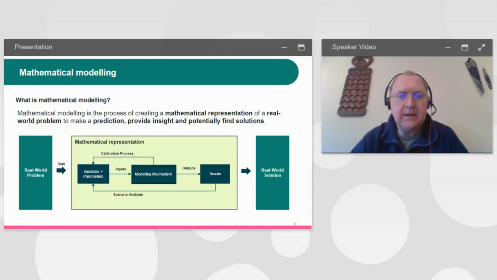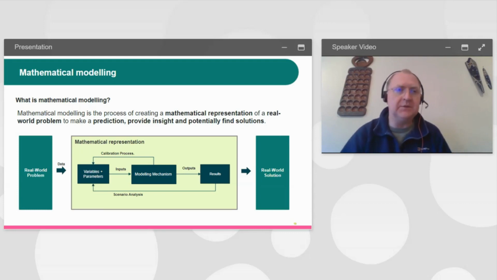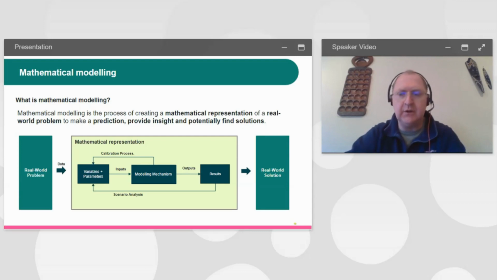But once that has been achieved, you then have a quite powerful tool that can be used to look at various scenarios. If circumstances change, such as the introduction of an intervention like a vaccine, for instance, you can look at how the model would predict the consequences of that change.